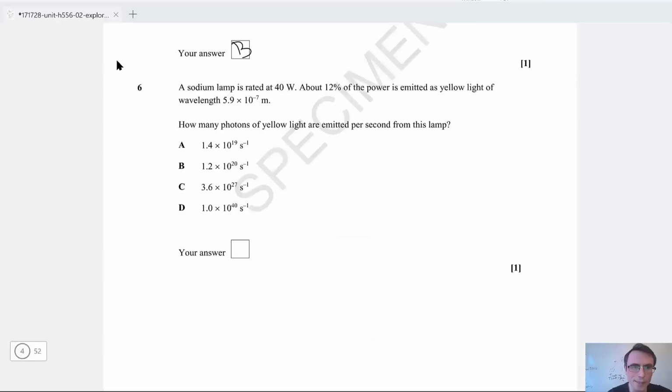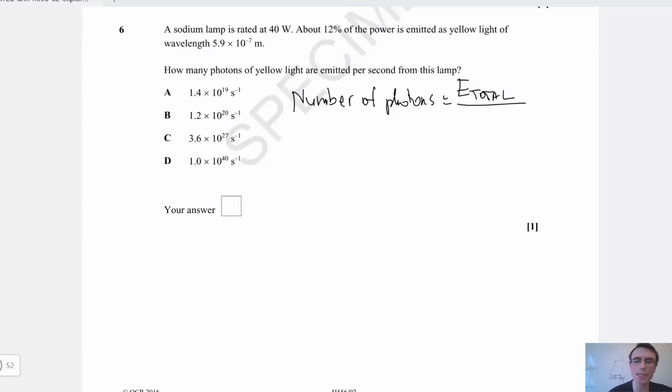Okay, question 6. We have a sodium lamp that is rated at 40 watts and 12% of the power is emitted as light of certain wavelengths. How many photons of yellow light are emitted per second? The first thing that we're going to say is that the number of photons is equal to the total energy divided by the energy of an individual photon.